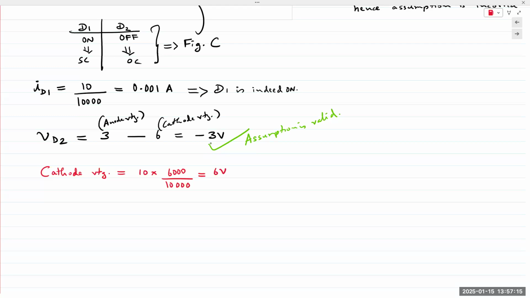If we had chosen both diodes to be off, the answer would again be incorrect. If we had chosen both diodes on, it would again be incorrect.